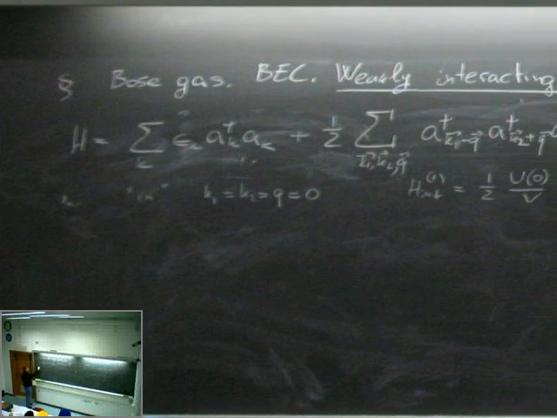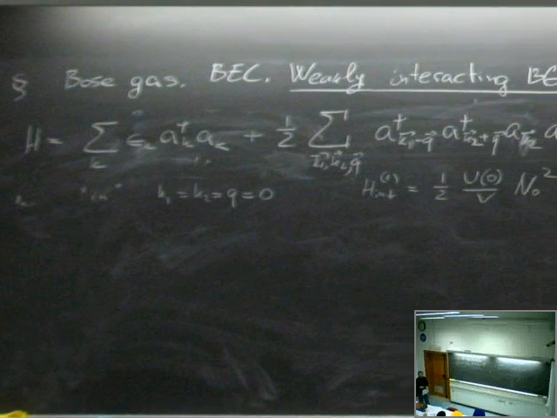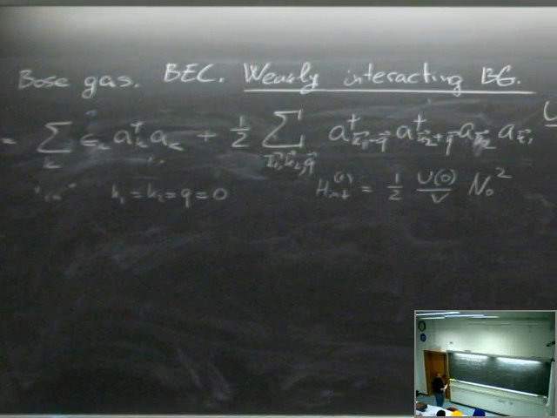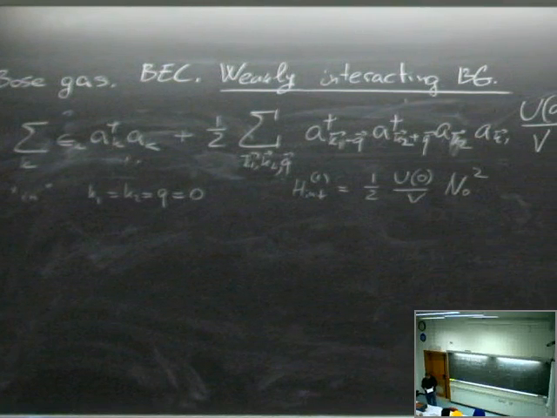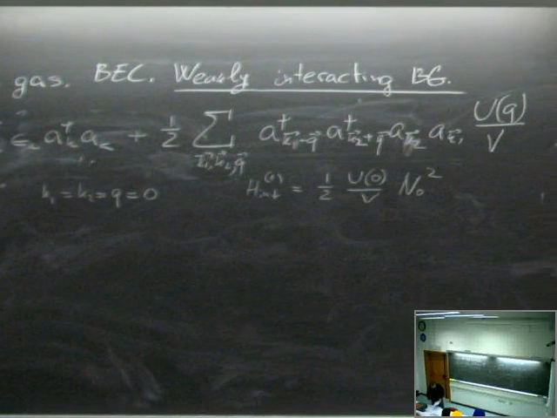So then, let's discuss the processes where only one particle is in the condensate and another one is out of the condensate. There are several kinds of processes of that sort.